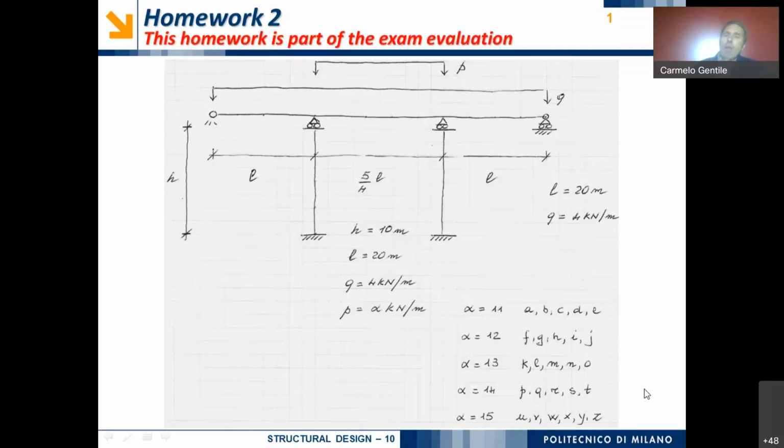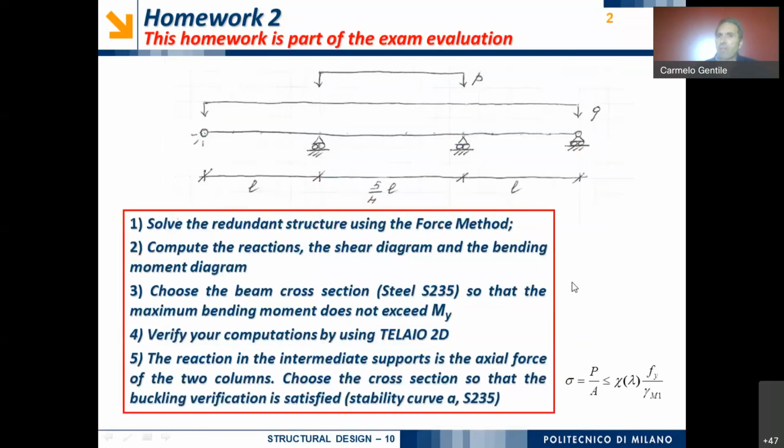Okay? Okay, I would like to ask you to solve these exercises in 2 parts. First of all, let's look at the continuous beam without considering the effect of the columns.